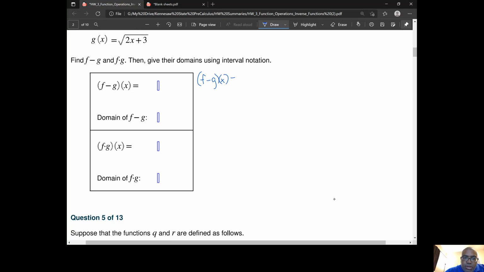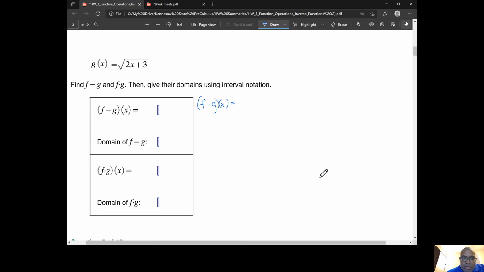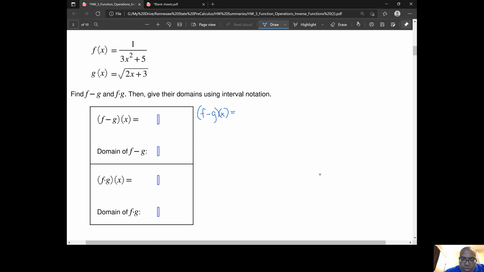So f minus g of x is equal to 1 over 3x squared plus 5 minus square root of 2x plus 3. That's it.